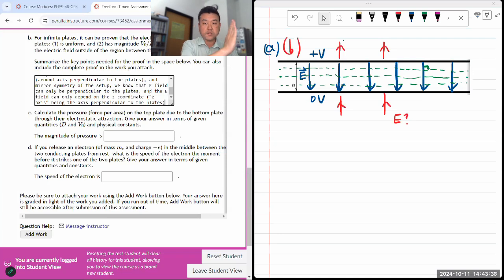If you move horizontally, that shouldn't change the E field. That comes from the translational symmetry of the setup.